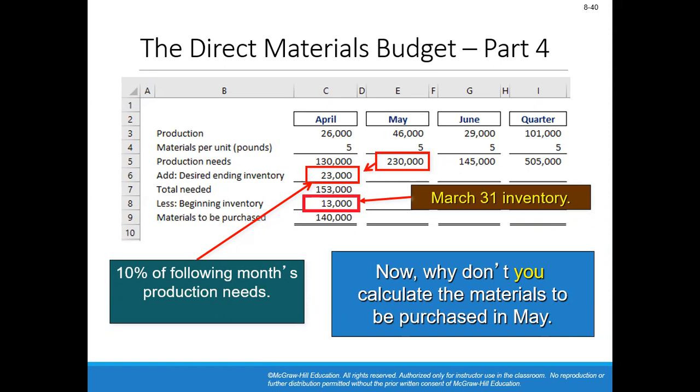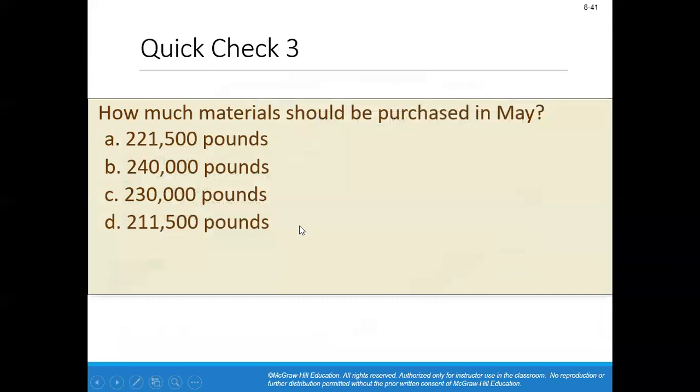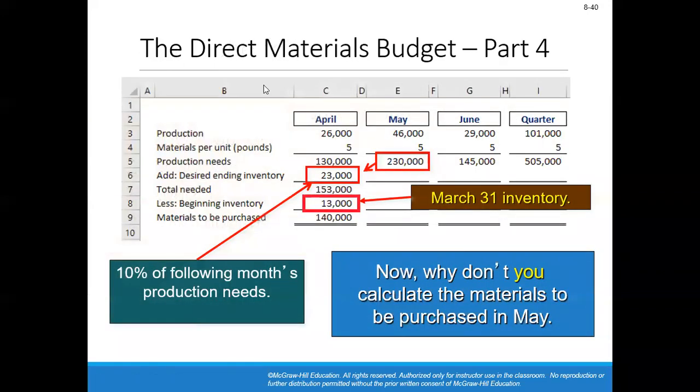There is a question: calculate the materials to be purchased in May. Do you have the answer? 221,500.